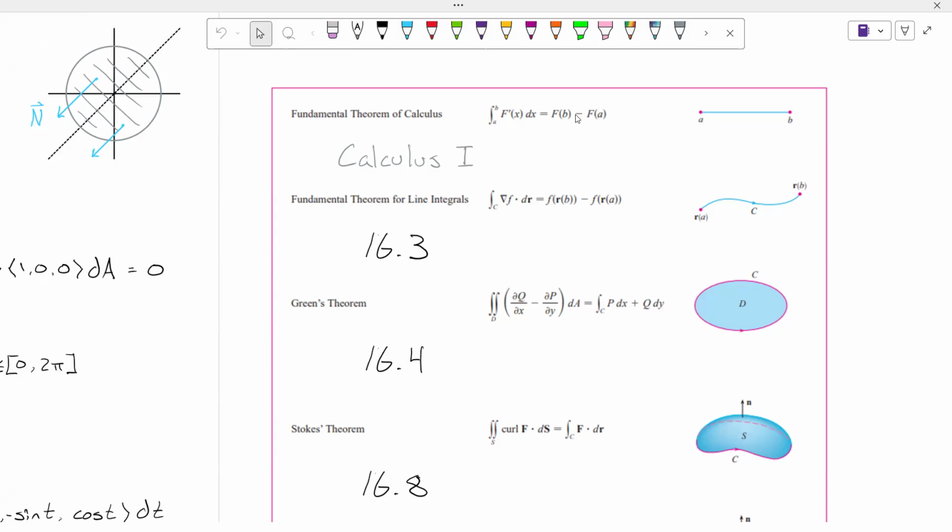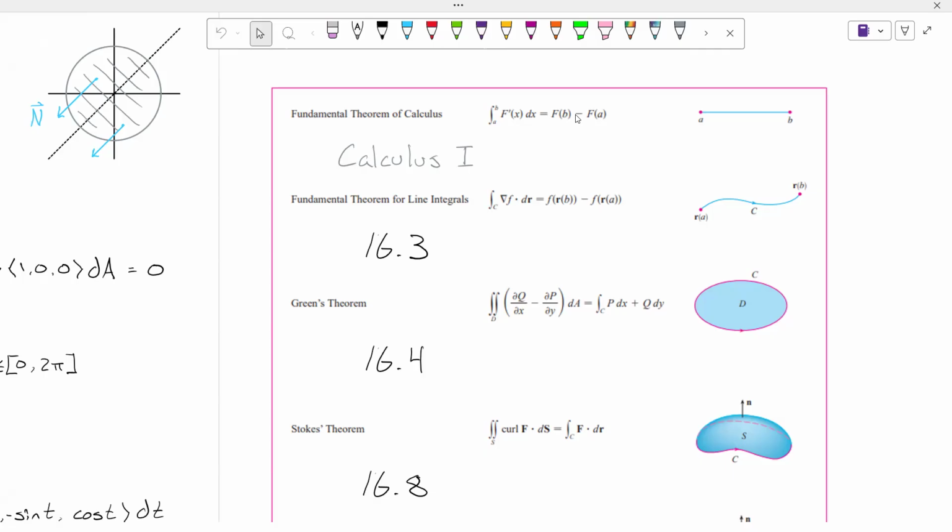And if I start trying to talk about what was so important about f of b minus f of a, well, if we head back to our line segment, a and b are simply the boundary points of that interval. But specifically, I want to focus on the fact that those 2 points are the boundary of the interval.